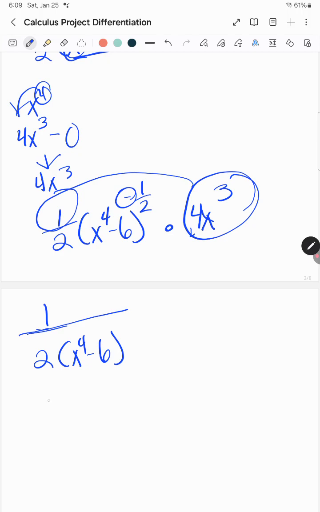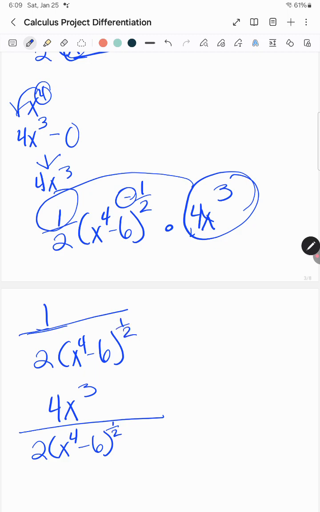So that will leave us with 4x to the third over 2 times x to the fourth minus 6 raised to the 1/2.